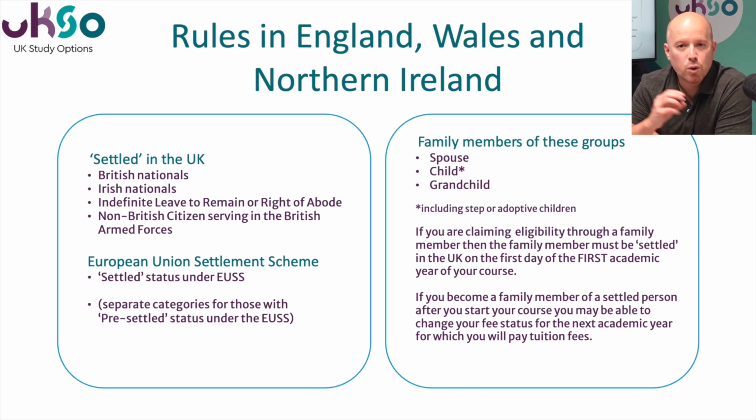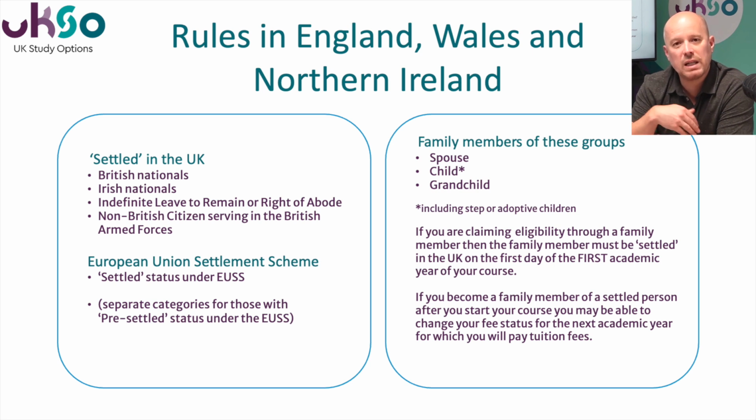So if you all obtain eligibility together or the family member becomes eligible after you start the course, then that is not helpful. So you must have British citizenship or indefinite leave to remain on the first day of the whole course if it's a family member.